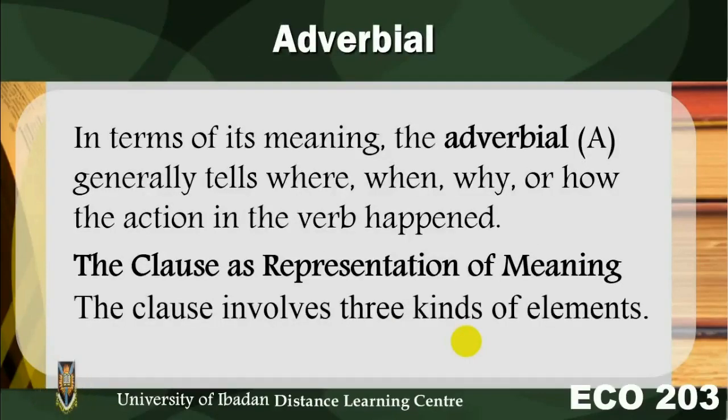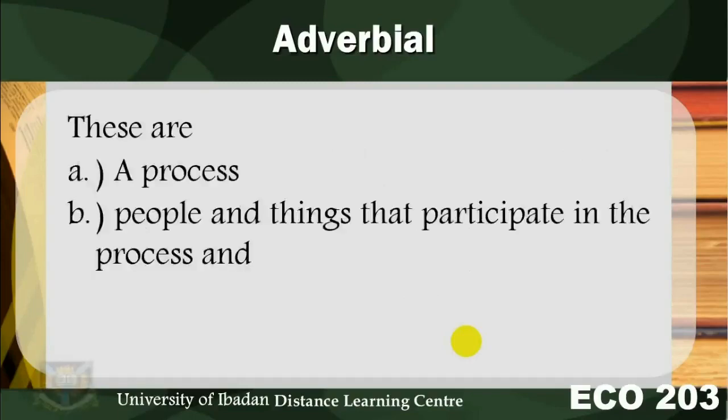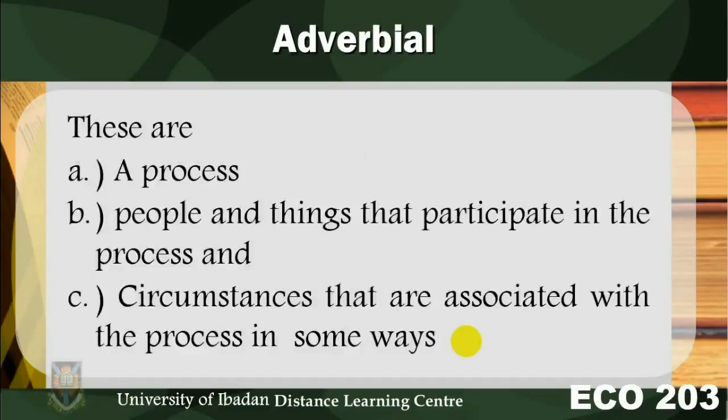The clause involves three kinds of elements. These are A, process, B, people and things that participate in the process, and C, circumstances that are associated with the process in some ways. Kinds of processes: doing, saying, sensing, and being.